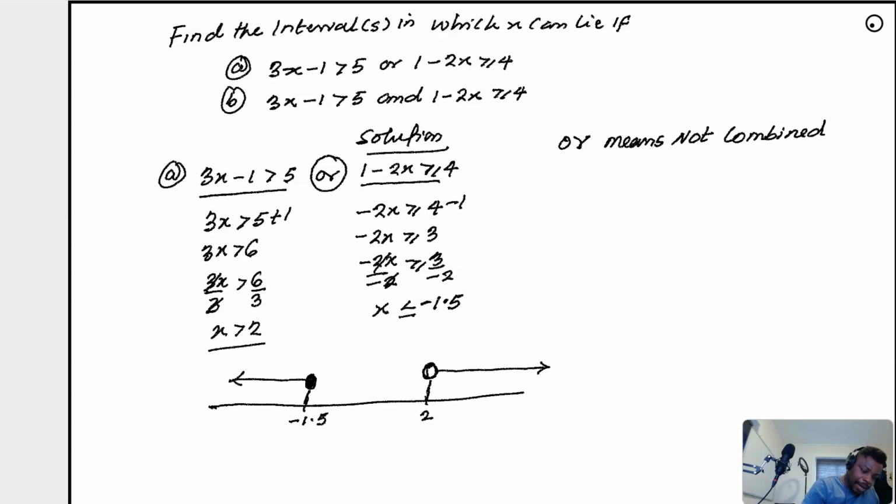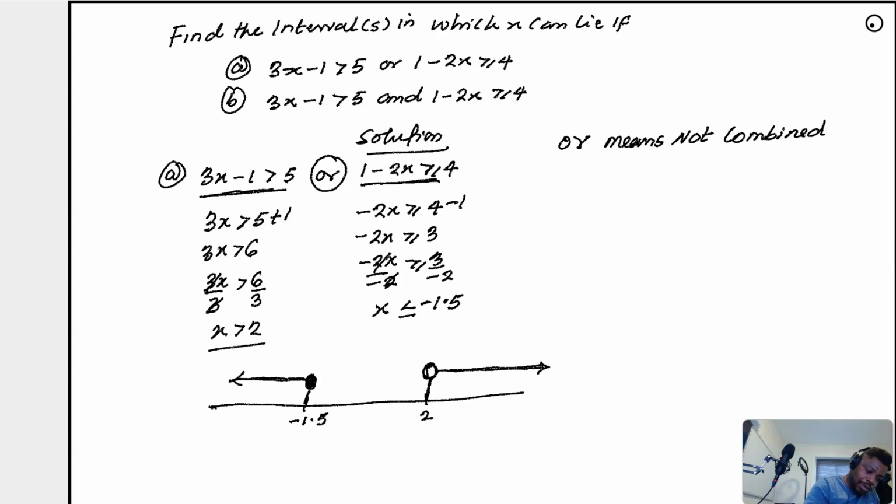You can see now it is not combined, and that is the solution that we want because it is or. Okay, that means the value of x that satisfies this inequality and this inequality is in here and is in here, so it is not combined.